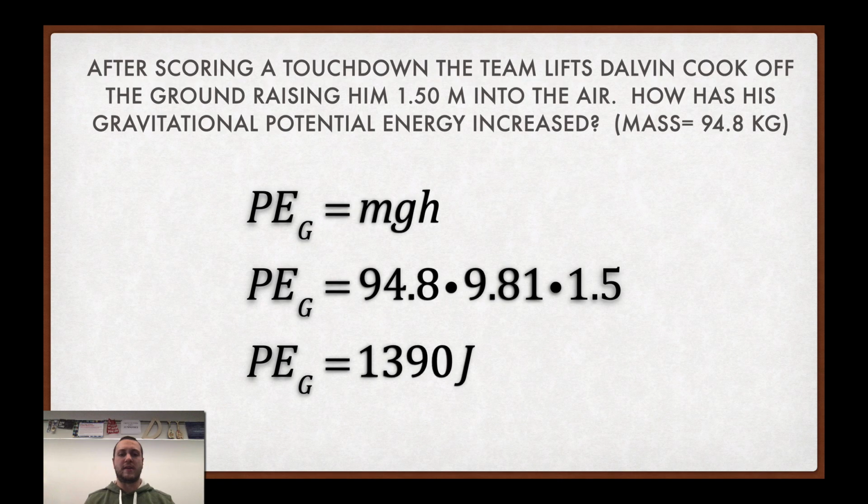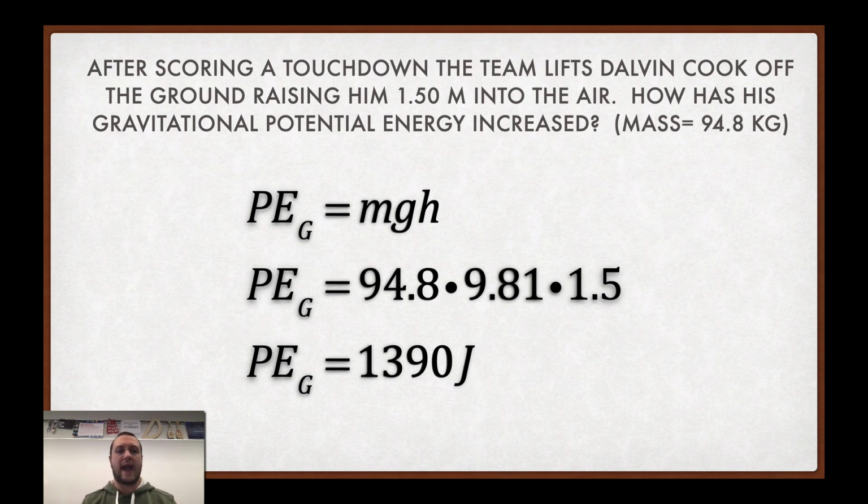This would also be the amount of work that the team had to do to lift Dalvin Cook to that height, because remember, our gravitational potential energy is equivalent to the work done vertically on the object. In this case, the object is Dalvin Cook. And so the work done is 1,390 joules, which means at the top, that is the gravitational potential that he possesses.